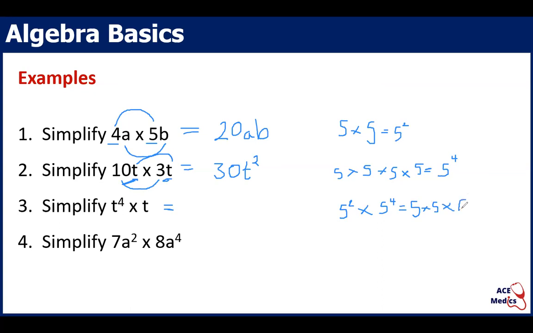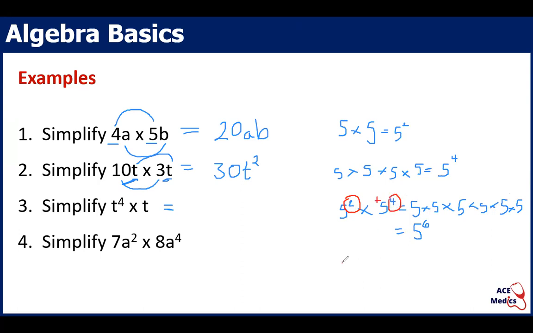And 5 to the power of 4 was 5 times 5 times 5 times 5. We end up with 6 5s that we're multiplying together. Now, can you see how, if we cheat a little bit, that's the same as doing 2 plus 4.